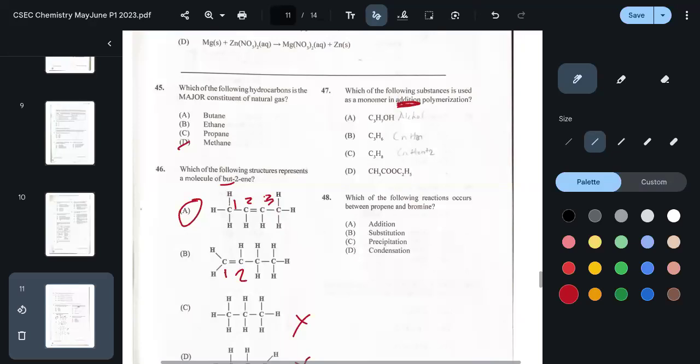So all you need to do is look for the one that is alkene, which is B, C3H6. By the way, alkanes are not used in any form of polymerization. All right. Which of the following reactions occur between propene and bromine?